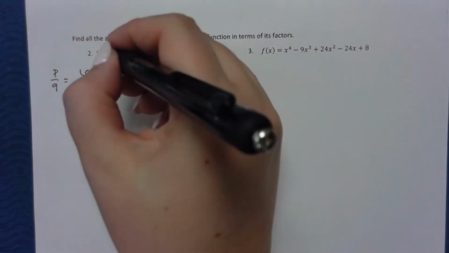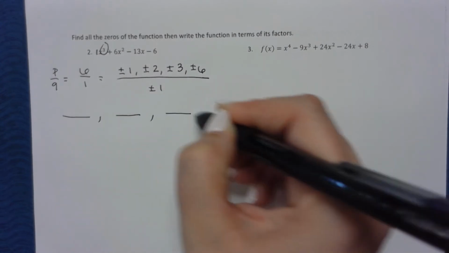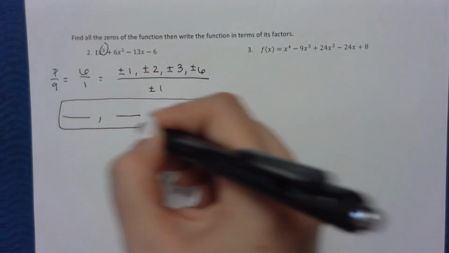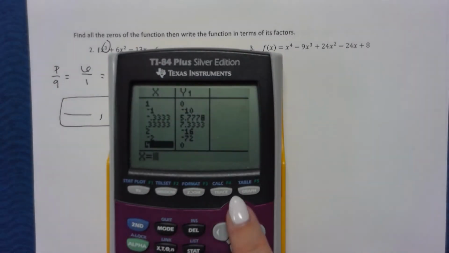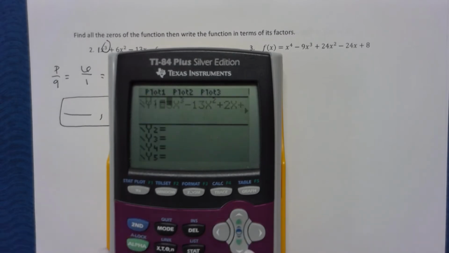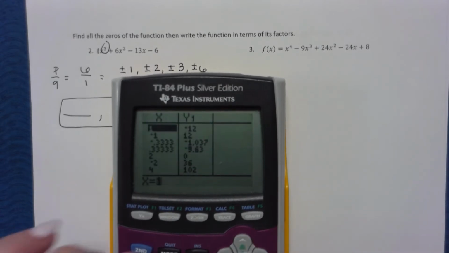How many answers are we going to have? Well, we have an exponent of 3, so we're going to have 1, 2, 3 answers. Once we get 3 answers, we're in the clear. So now we're going to go to our calculators. We're going to go to y equals and plug in our function. And we're going to start plugging in our numbers.